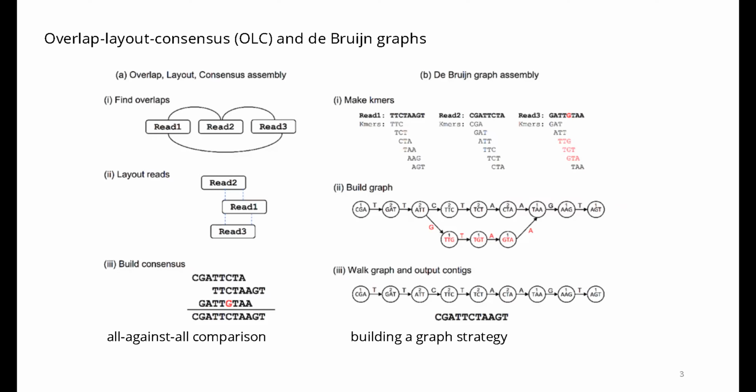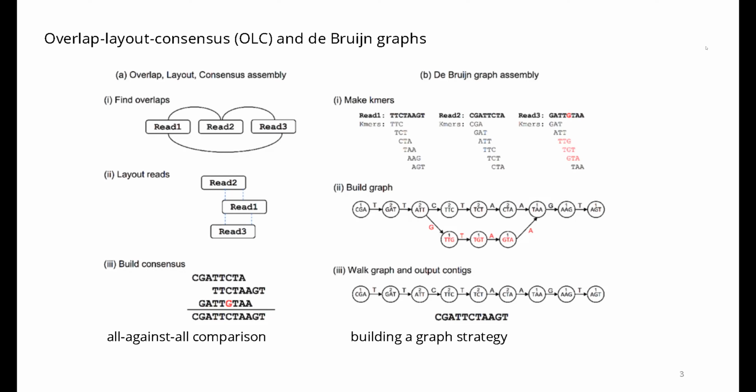But as you can assume, it's very time consuming because you compare millions of reads. The de Bruijn graph goes another way: it uses a graph to reconstruct the genome.